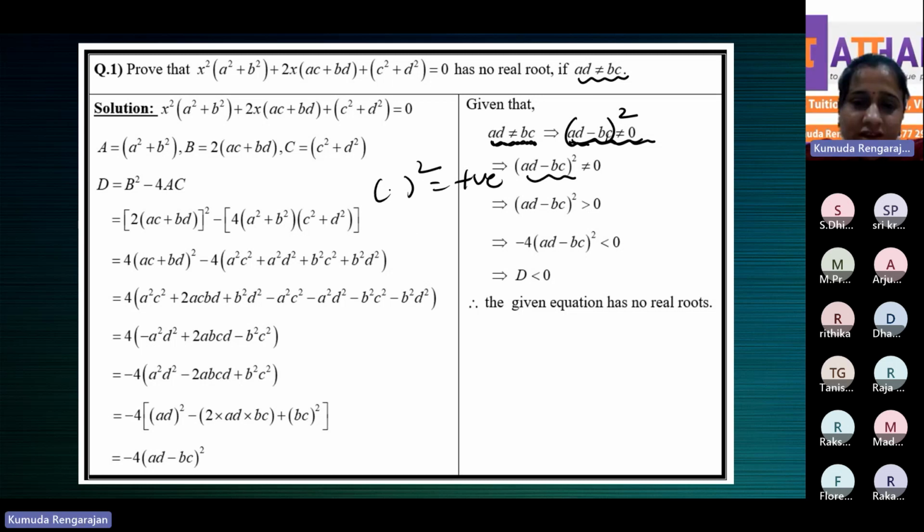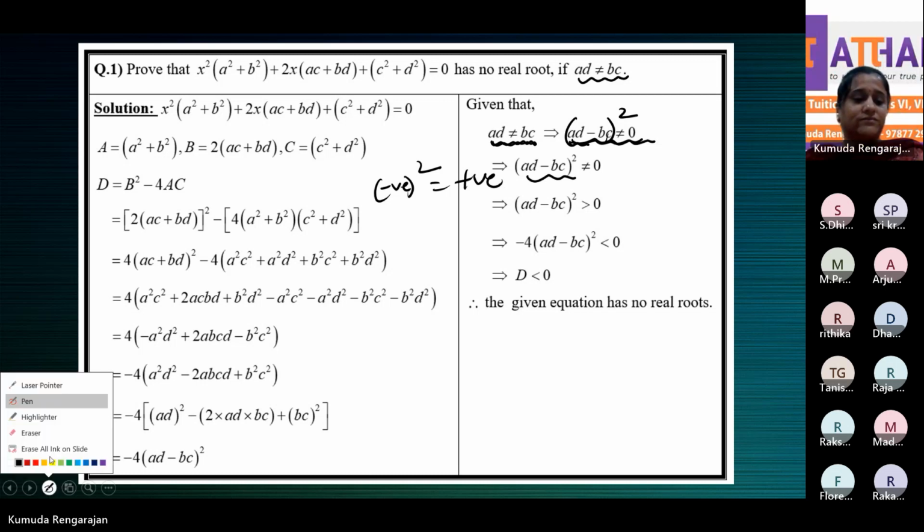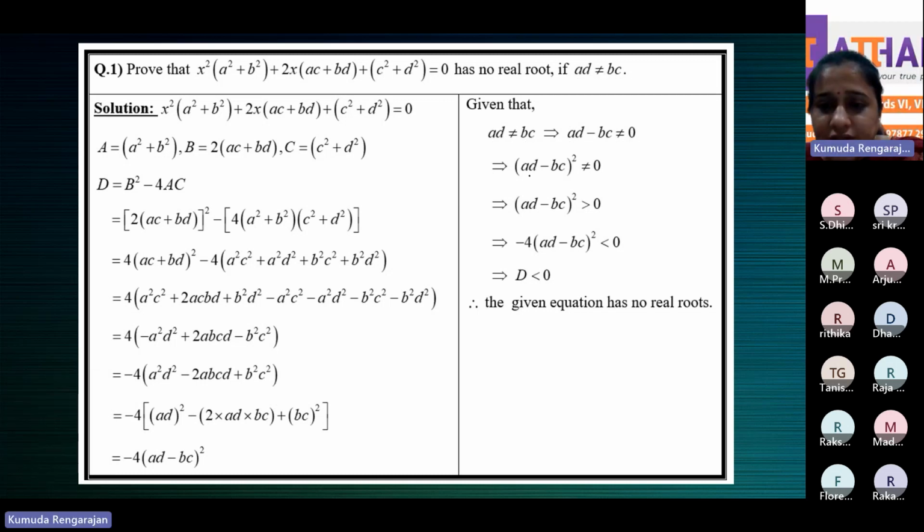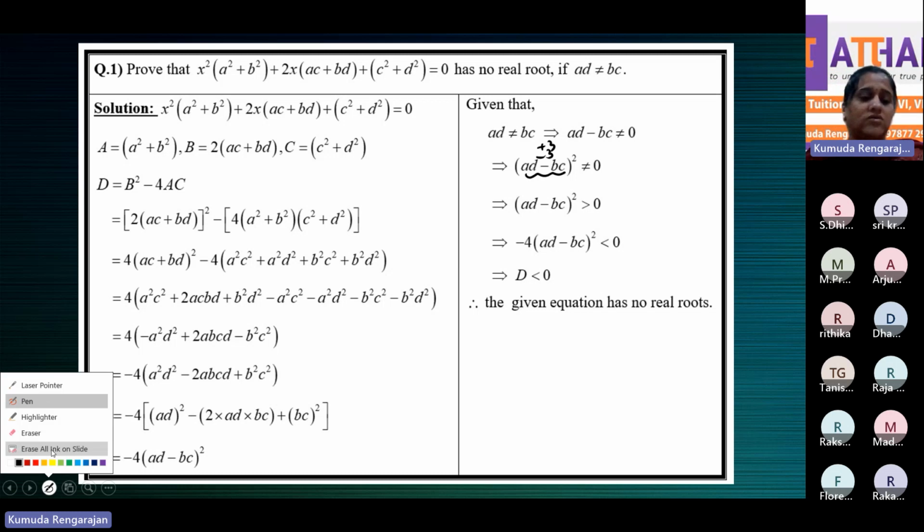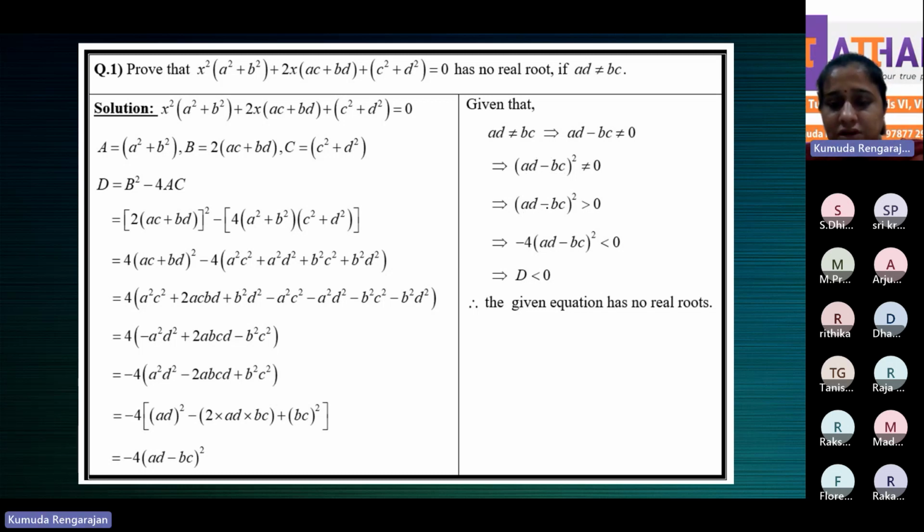Whether this difference is -3 or +3, when you square it, it becomes +9 only. So the difference square will be positive, that means greater than 0.